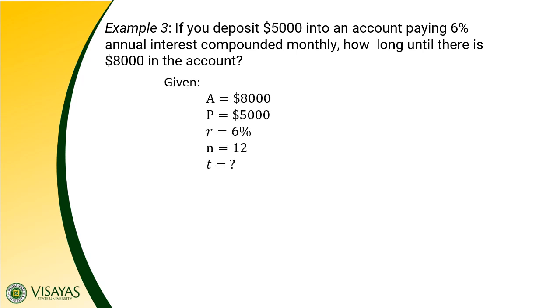Yung given sa problem, we have A is $8,000, yung P is $5,000, and R is 6%. Then N is 12 because sa problem, yung na-deposit na money is compounded monthly. So that is why in a year, 12 times siya. And T is the unknown.